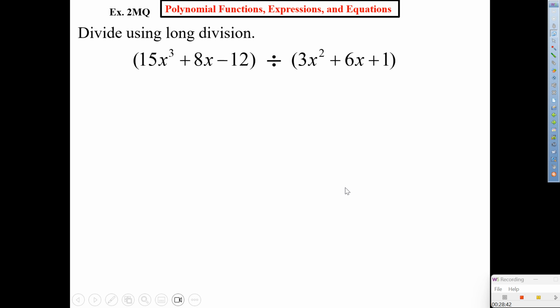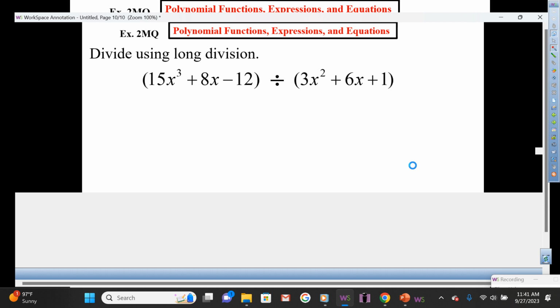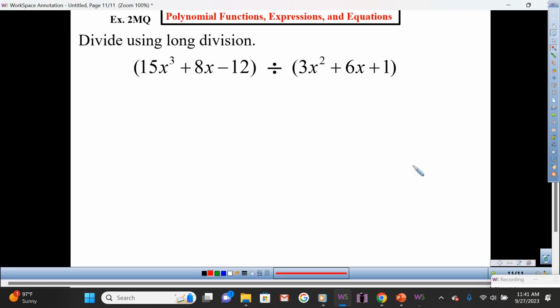Example 2, mega cube. We got 15x cubed plus 8x minus 12 divided by 3x squared plus 6x plus 1. Copy and go. What do I do first?